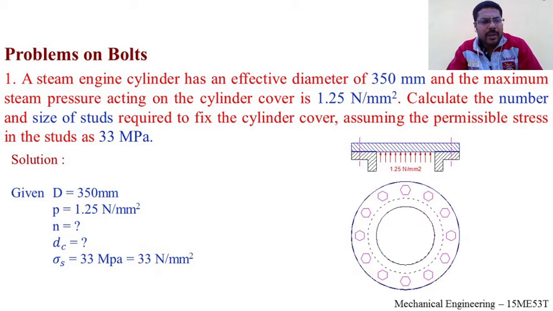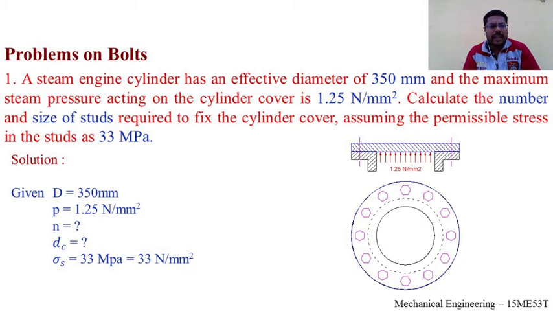Calculate the number and size of the studs required to fix the cover. This is the top portion of the cylinder cover. What size of bolts do we need to fix the cylinder head, and how many studs are required, assuming the permissible stress in the studs is 33 megapascal?